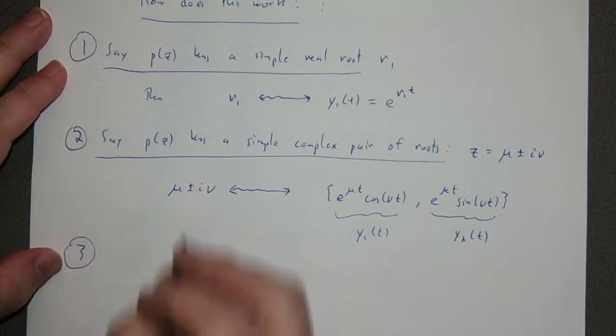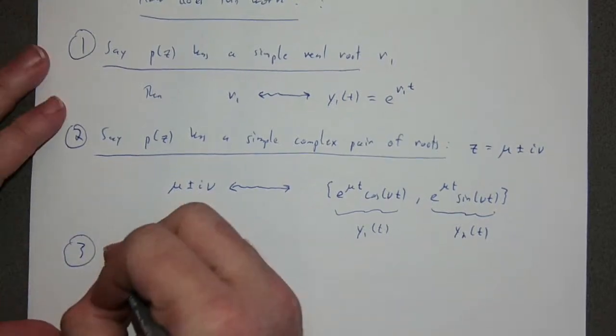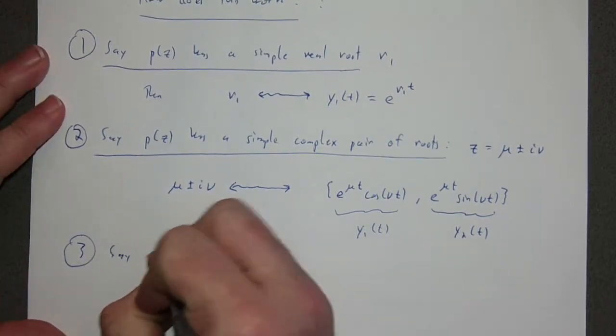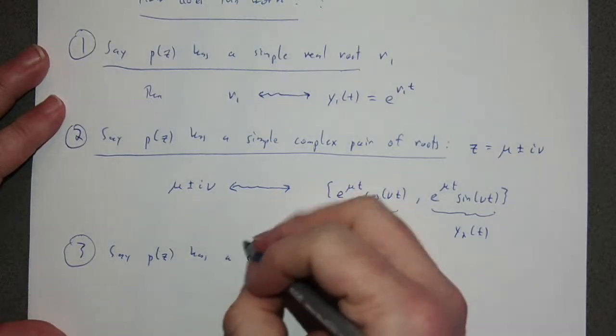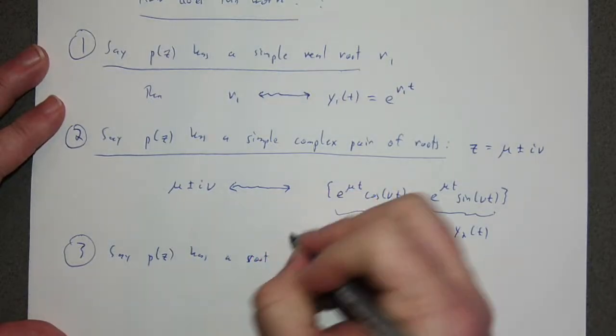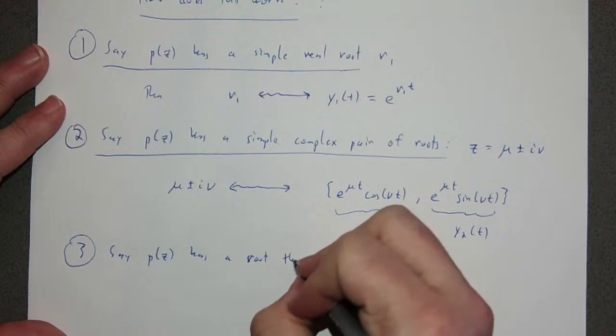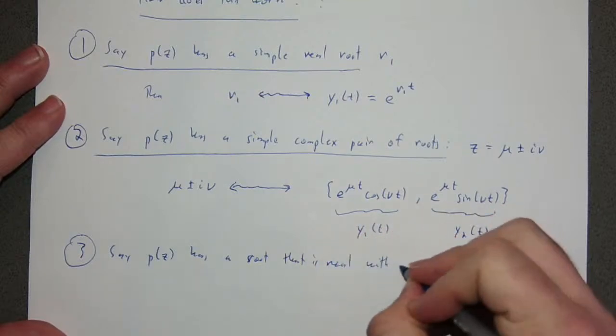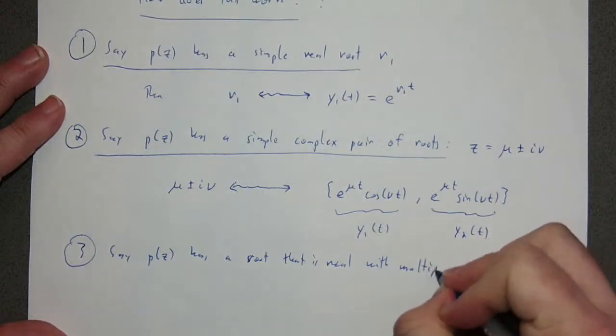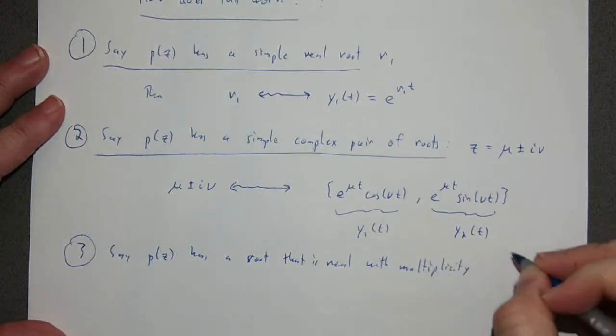Now, the real question: say P of z has a root that is real with multiplicity m.